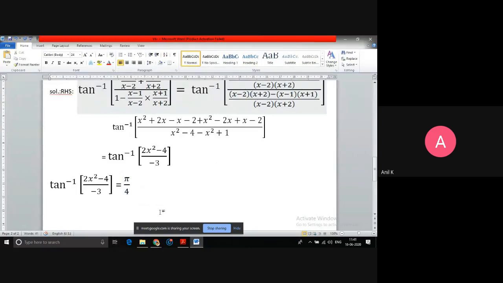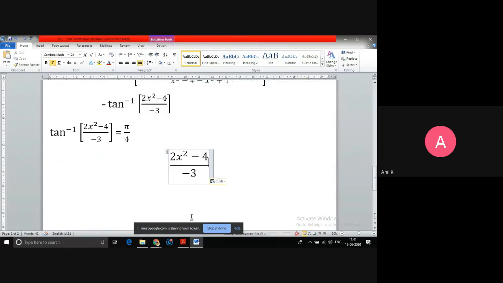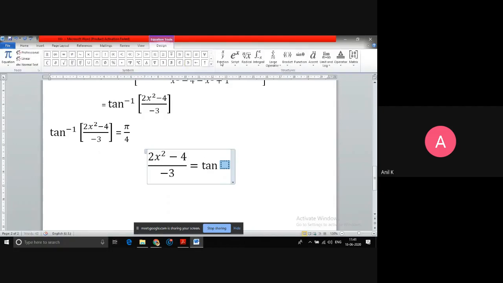Next step, I'll keep this fraction here: 2x square minus 4 upon minus 3, which will be equal to, can I send tan inverse to the right hand side? When I send tan inverse to the right hand side, tan of pi by 4 will come.